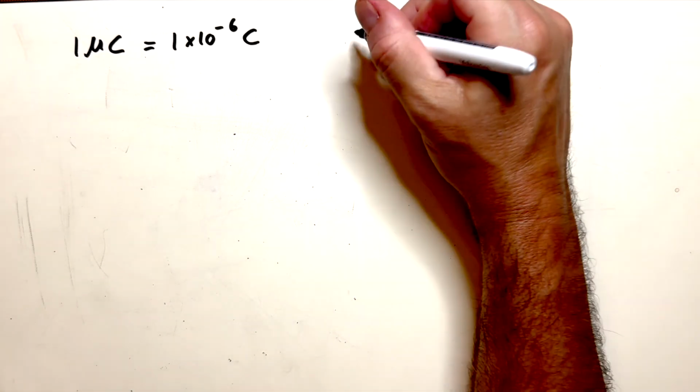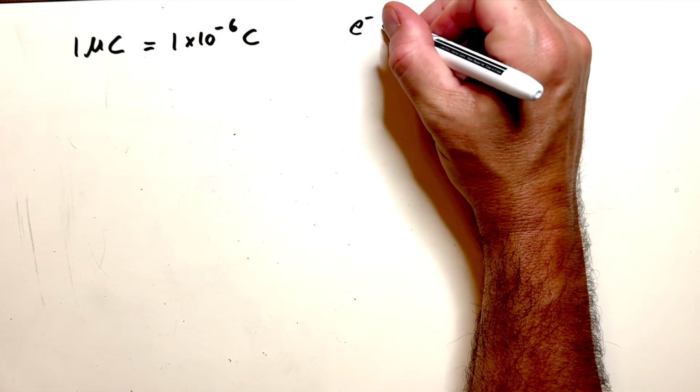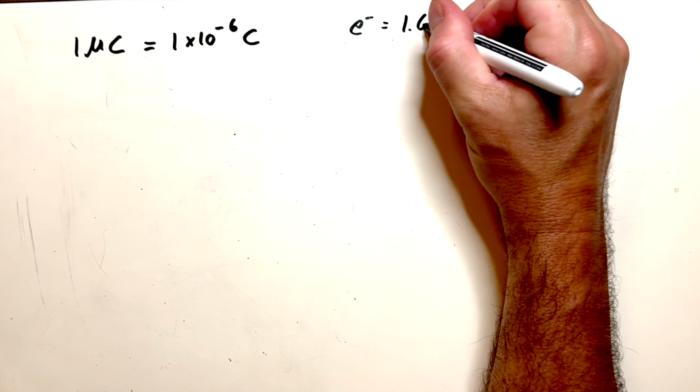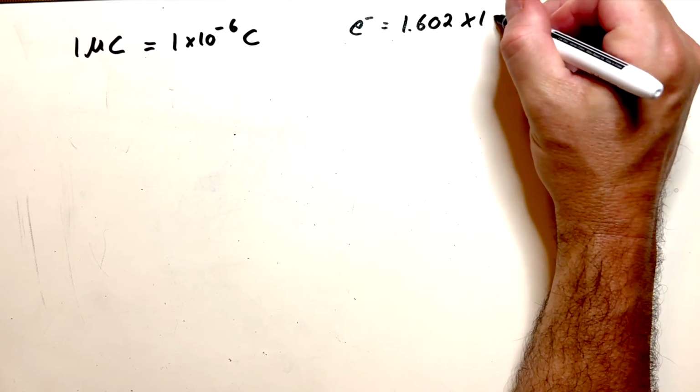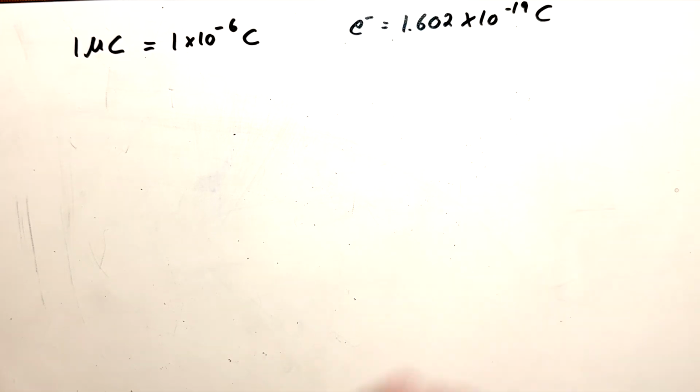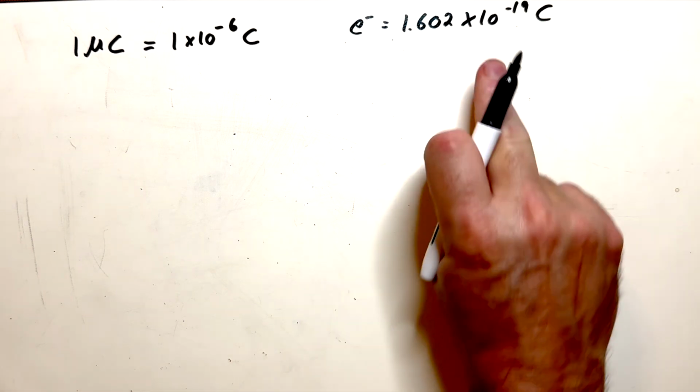And we know that 1 electron has a charge of 1.602 times 10 to the minus 19 coulombs. So it's just a simple matter of dividing this into this.